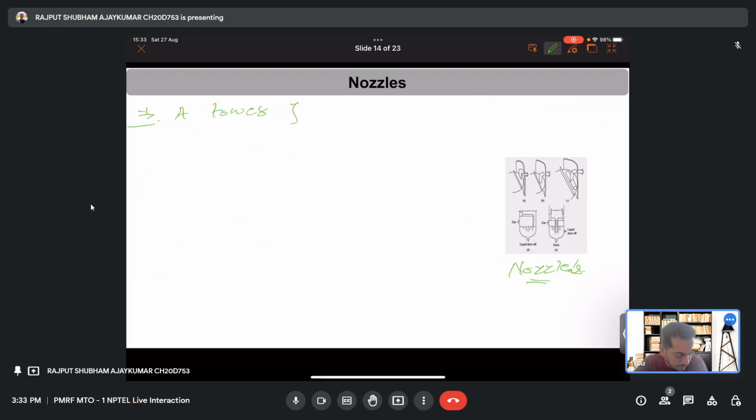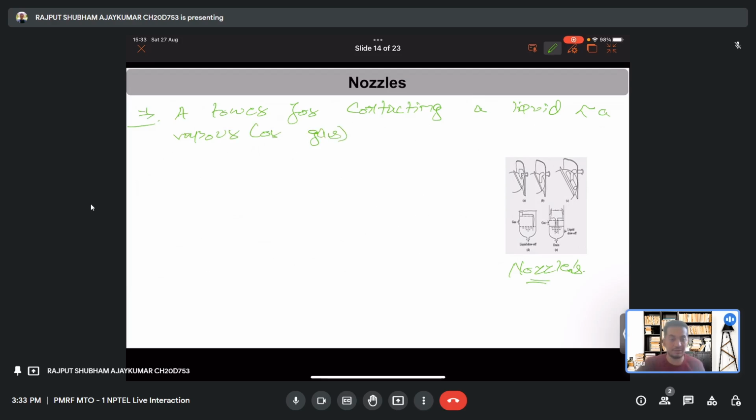A tower for contacting liquid and a vapor or a gas. So we are always dealing with these two different phases.